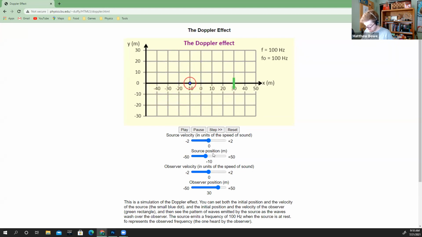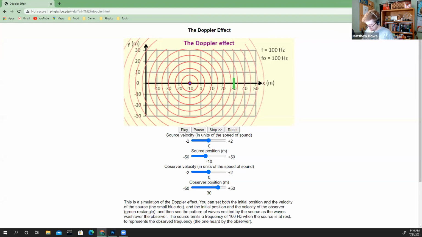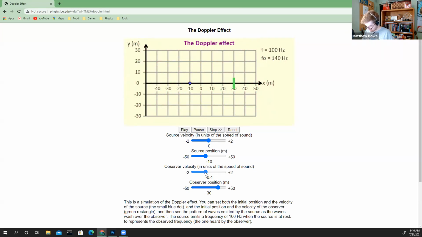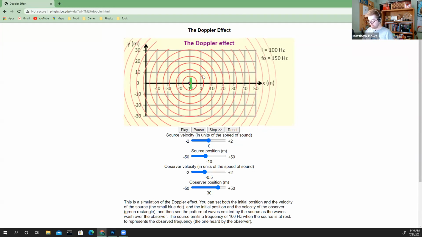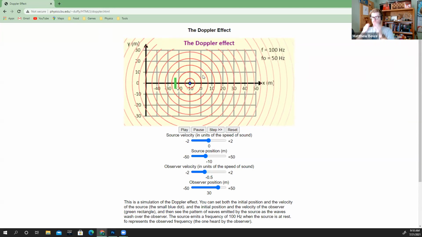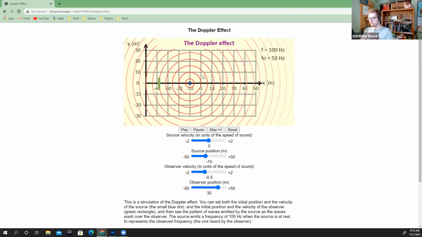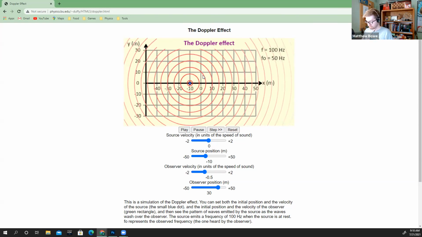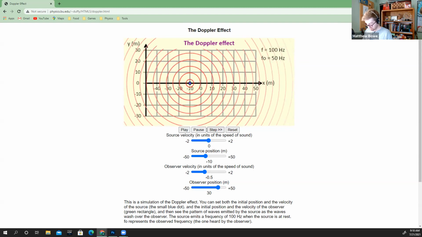I think the last thing is, this one is not as fun to look at, but if I'm moving the observer, it's experiencing the waves, and the waves are moving out at the same frequency, but the observer is experiencing them differently.